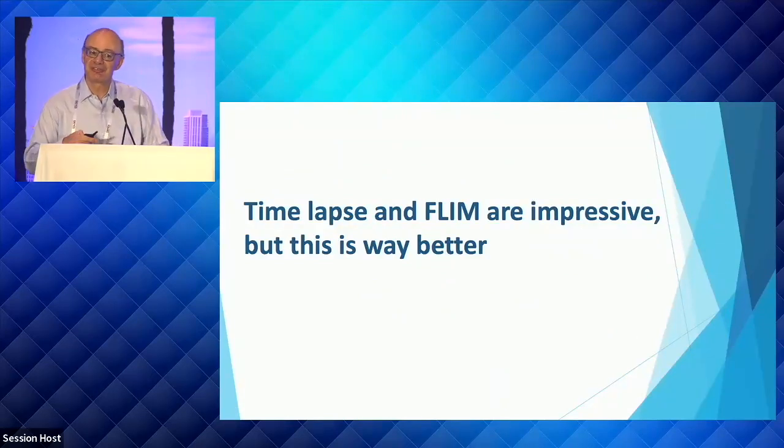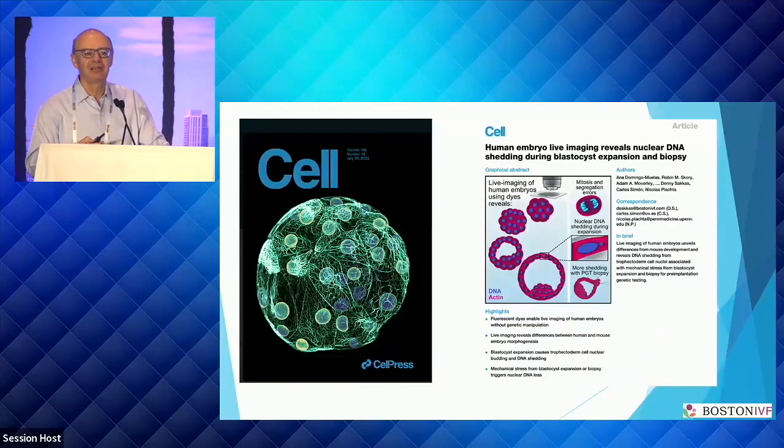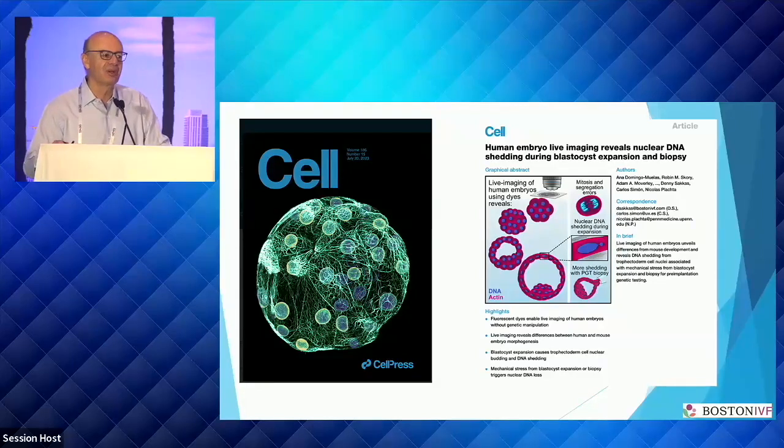Time-lapse and FLIM are impressive, but there are technologies now that are way better at imaging embryos. And we've been lucky. Many years ago, I ran into a guy called Nicholas Plachta, who's a brilliant imaging specialist around the world. He gives fantastic talks, so if there's someone you want to invite, he's someone you can invite. Nico and I collaborated on this paper, and we used these spy fluorochromes, which we could use for live imaging of human embryos and blastocysts.